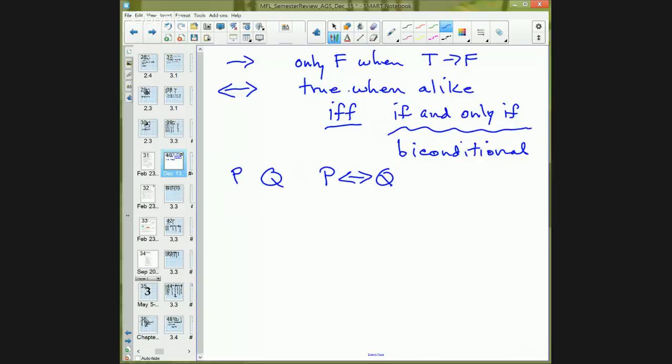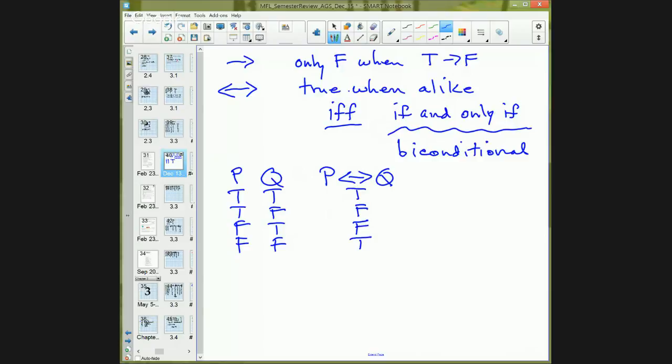And then you would just pursue your typical truth table. The only time that's true is when they're alike. So those are the two true ones. When they're different, those are falses.